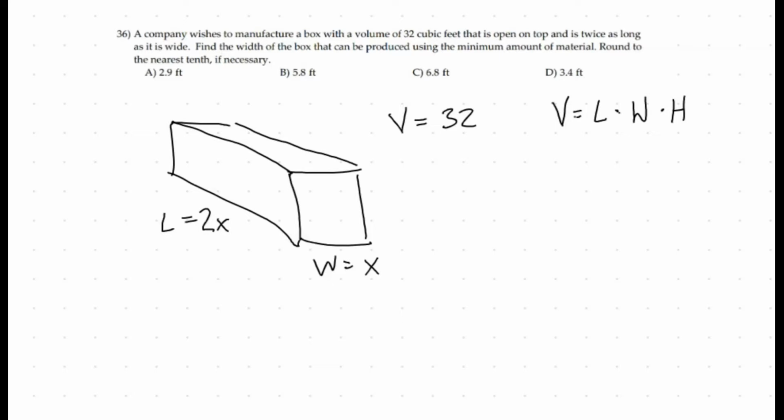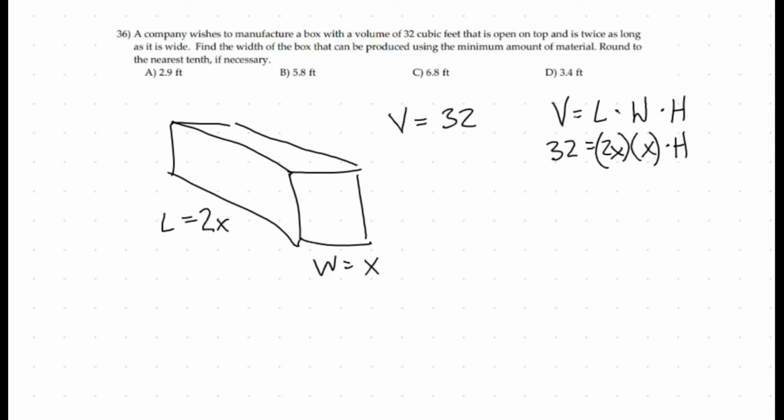And if we know the volume is 32, and we know that the length is 2x, and we know that the width is x, then the only variable we have left that's not in terms of x is going to be h.